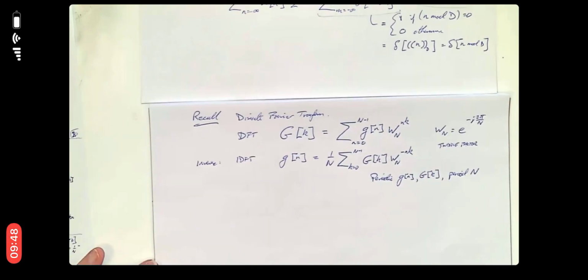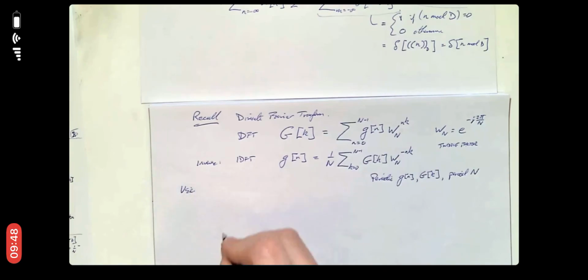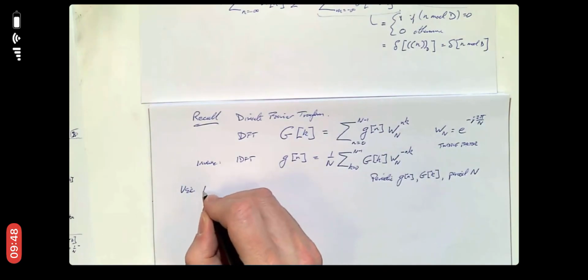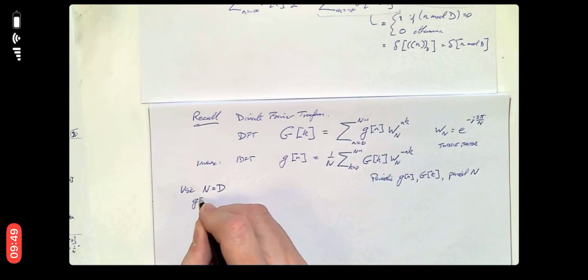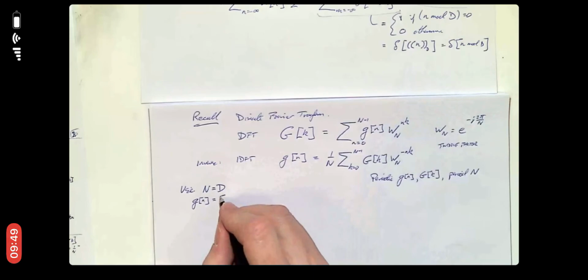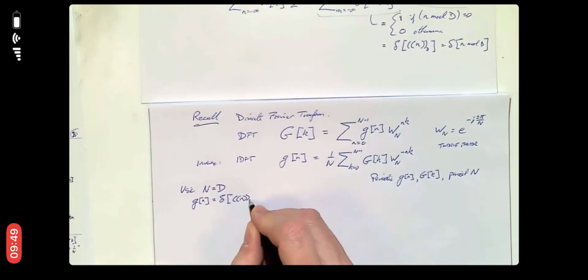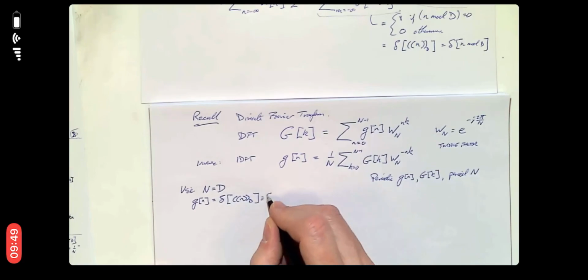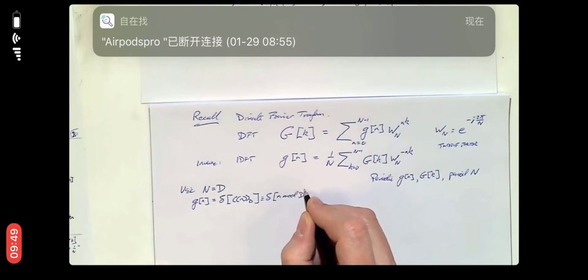So now let's see what we get if we use big N equal to D, our decimation factor, and for g of n we'll substitute delta of n mod D. Now we know that this is periodic.